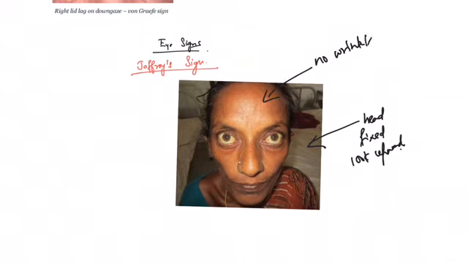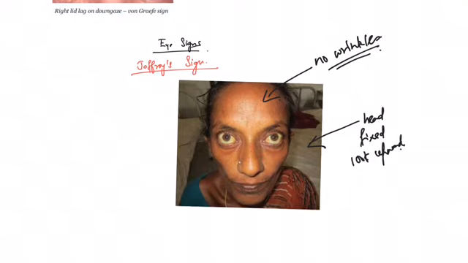Now to elicit Joffroy's sign, you ask the patient to look upwards, keeping the head fixed. Okay, the head must be fixed, and ask the patient to look upwards. What you see here is absence of wrinkling on the forehead, no wrinkles. You don't see any wrinkles on the forehead when this person tries to look upwards, and that is Joffroy's sign, and it is one of the eye signs of thyroid ophthalmopathy.